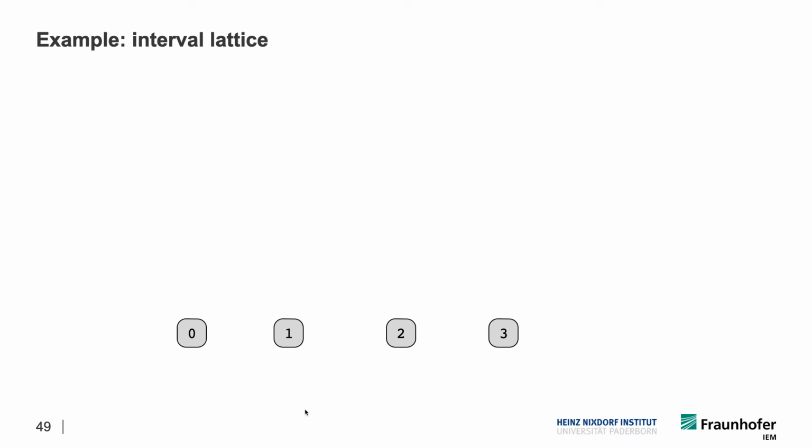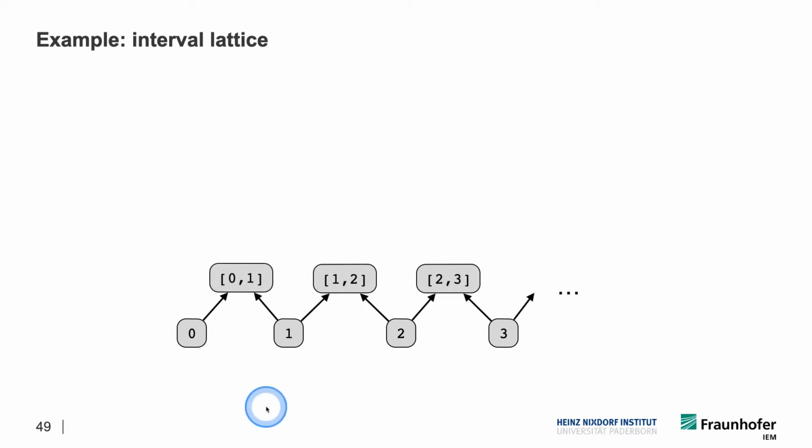Now, what's interesting is we can arrange these different domain values in a lattice like you can see here. So for instance, we can very easily merge the interval with only 0 and the interval with only 1 to the interval containing all the values between 0 and 1, including the values themselves, right?